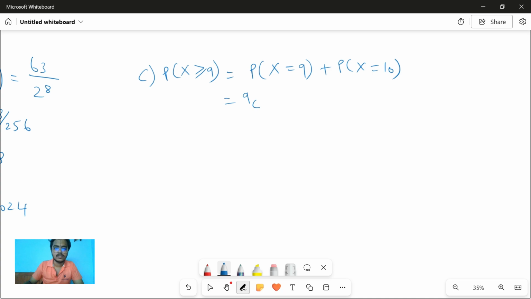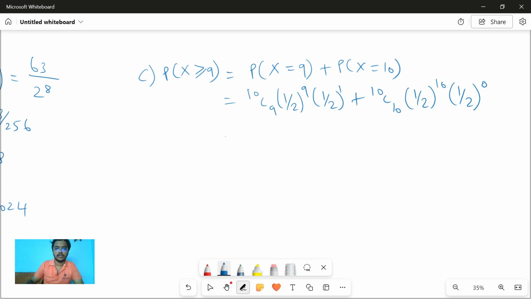So you will get 10C9 × (1/2)^9 × (1/2)^1 plus 10C10 × (1/2)^10 × (1/2)^0. Understood? So remember this case: nC0 is always 1 and nC1 is always n.